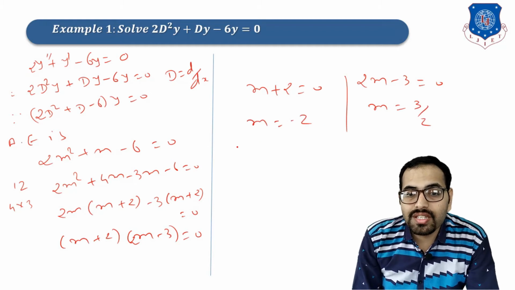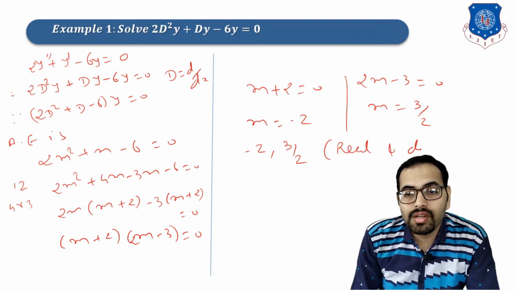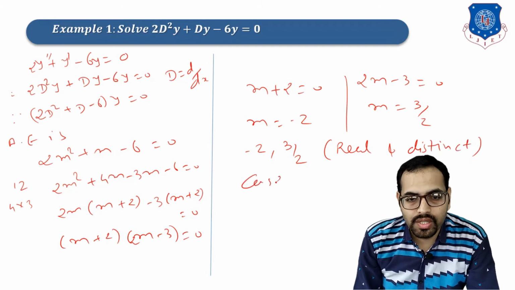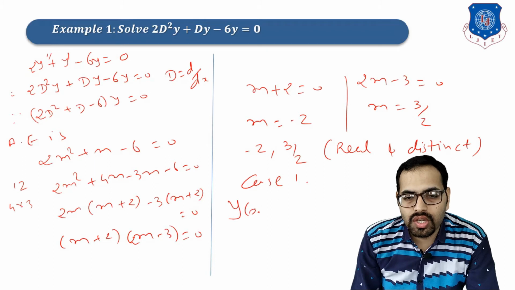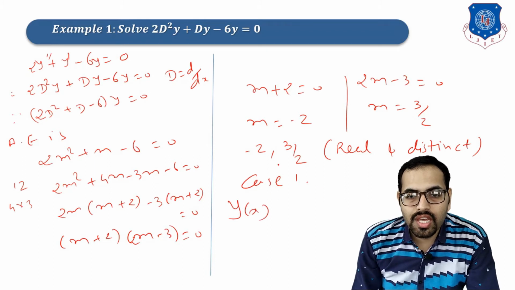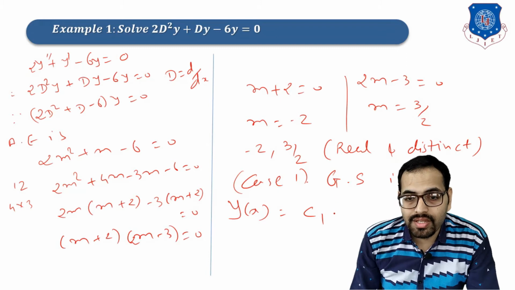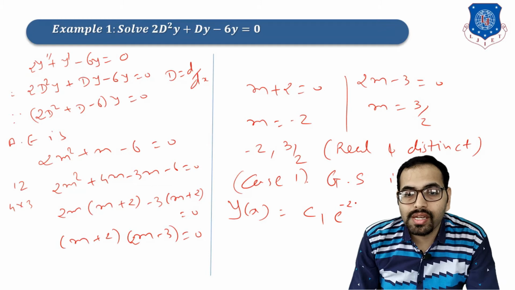Here our roots are minus 2 and 3 by 2, which are real and distinct, which means we use case 1. Then the general solution is y of x equal to c1 e raised to m1x, so here e raised to minus 2x plus c2 e raised to 3 by 2 x.